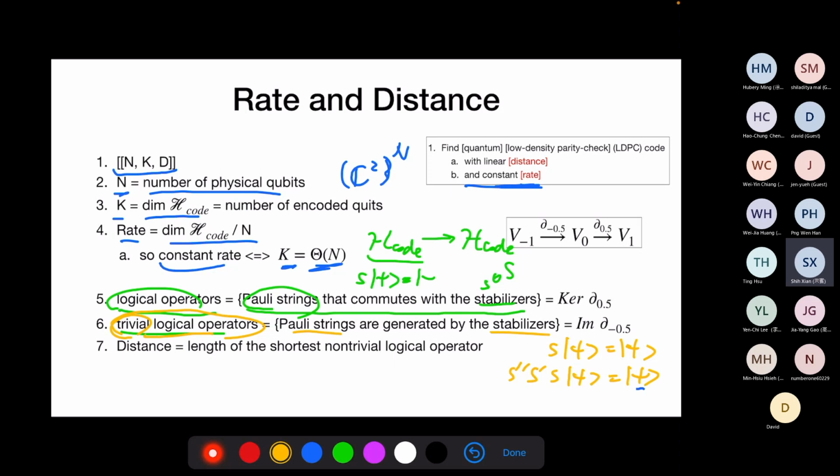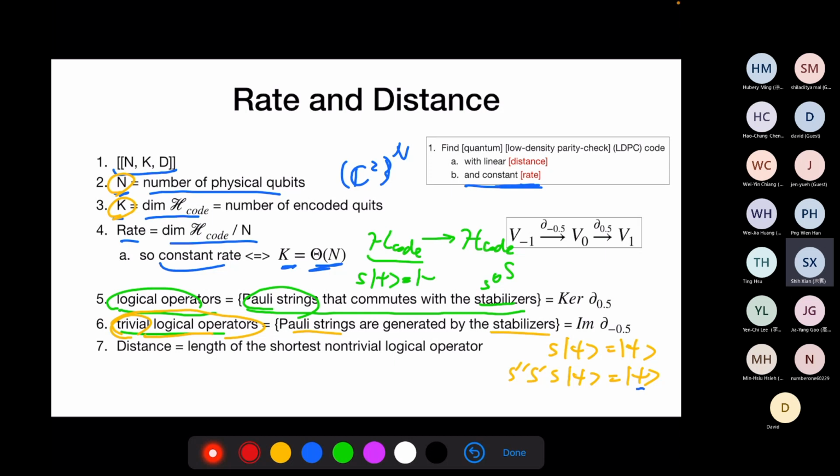I have a question. Initially we have n physical qubits, and then we encode to k logical qubits. But each of these k qubits is still some particular state of the physical qubits.